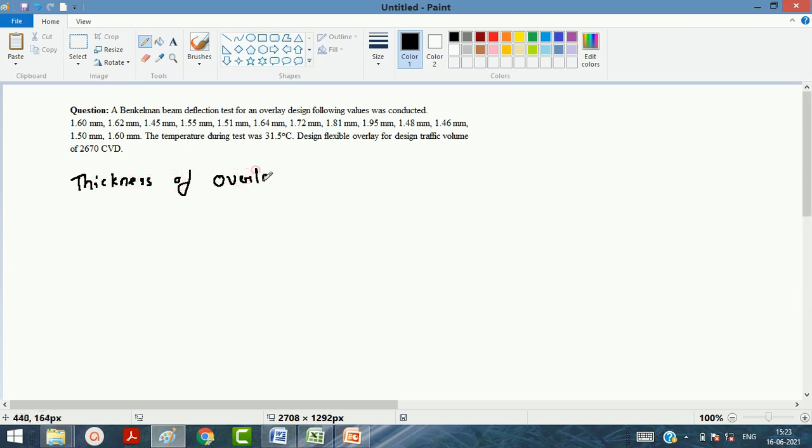The formula for thickness of overlay is equal to H naught divided by layer equivalent factor. So first we have to find out H naught. Let's start with the formulas.